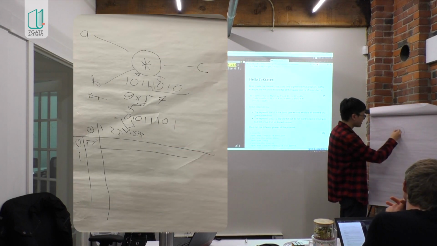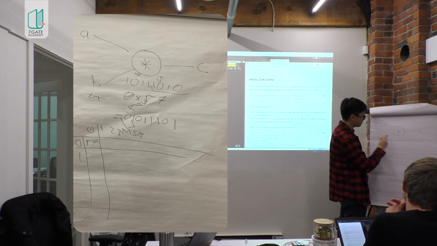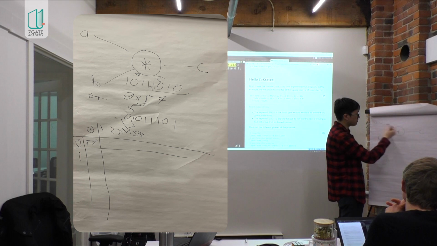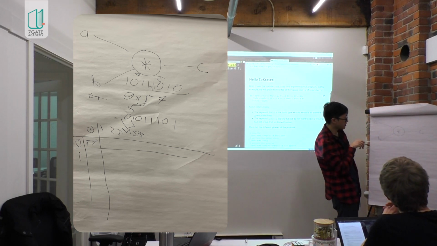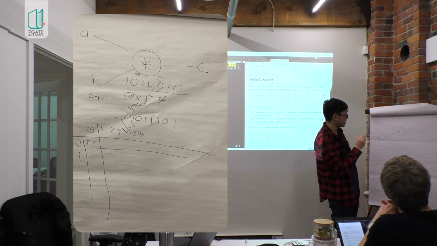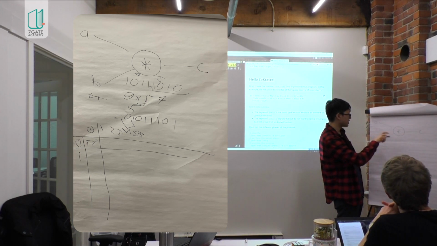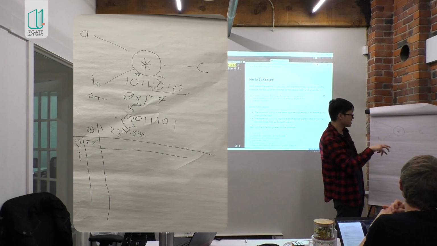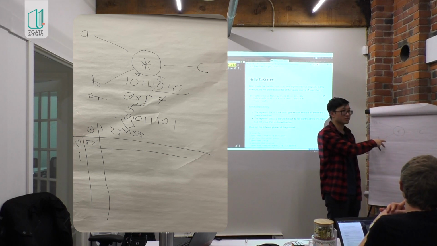So this would be like a multiplication, and you'll have your two inputs and your output, and C would be A times B. Of course this would get more complicated, but the reason you need to do this is because you can generate proofs that prove you have a solution to the circuit.